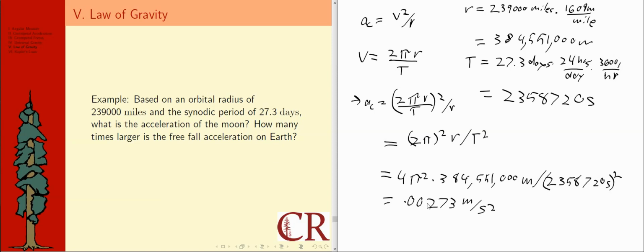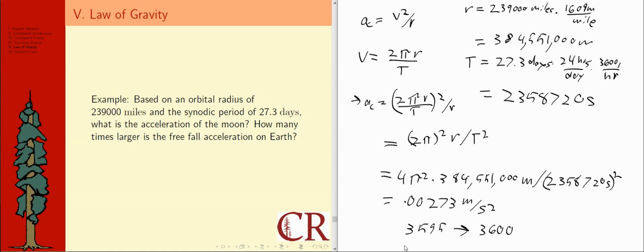So if I take 9.81 and divide by that number, I get about 3,595, although recognizing that we were given numbers at a 3 significant figure level, this could be rounded to 3,600, which exactly matches what we predicted in the previous example.